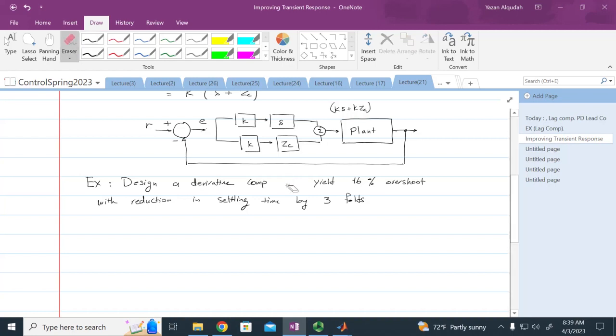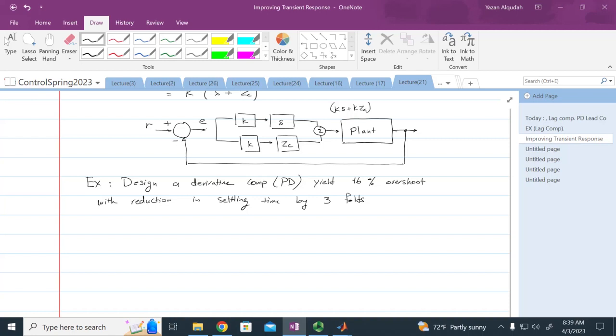Okay. So we're using the PD compensator. Proportional plus derivative.